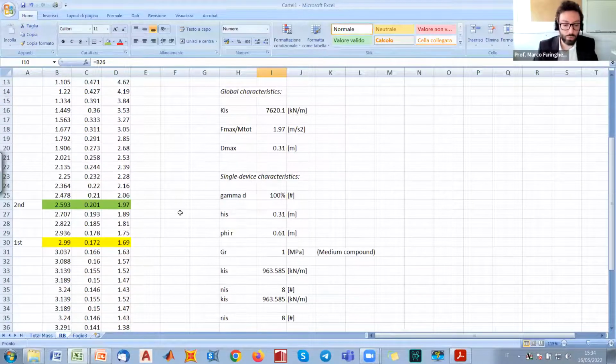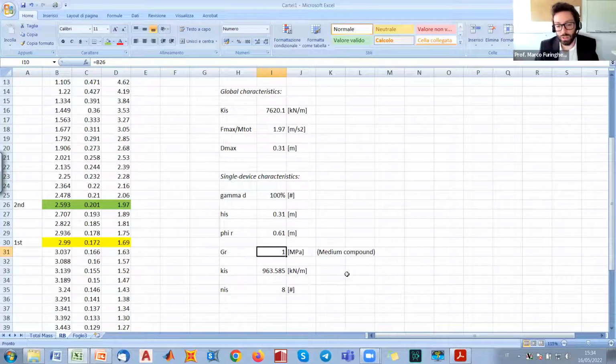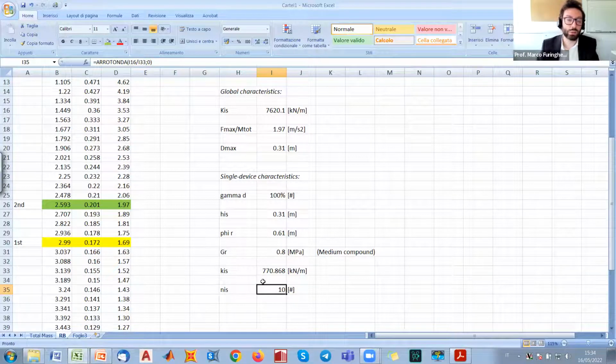Obviously, if you want, you can also try to consider other compounds. So maybe if you get a soft compound, you see you get 20 isolators. Okay, there are also other values. So a medium compound could be also 0.8, depending on the producer. What happens is that, okay, 10 is actually an even value, so it looks like a good definition of the isolation system.